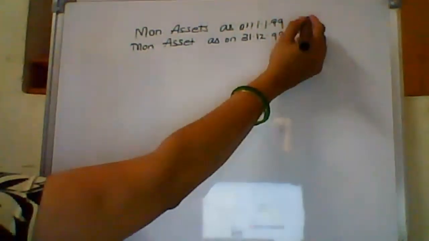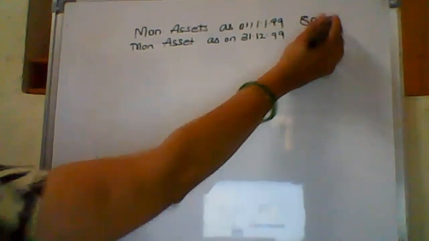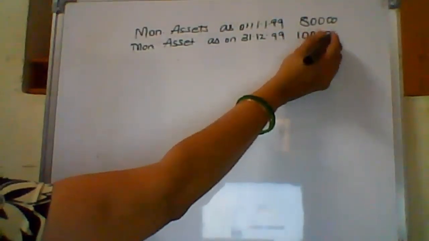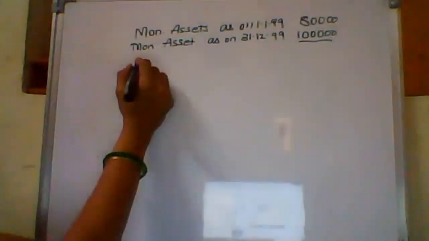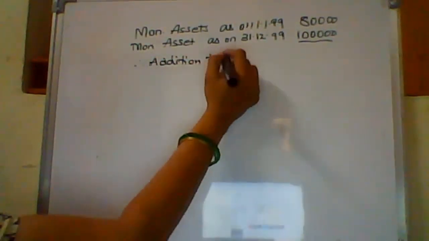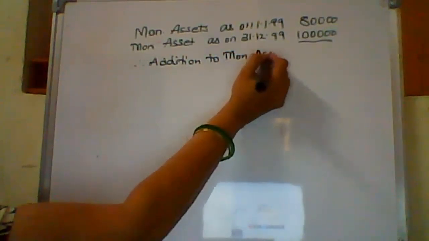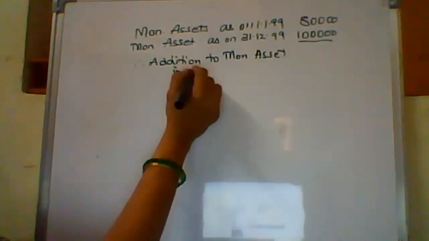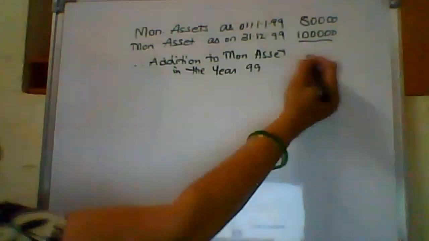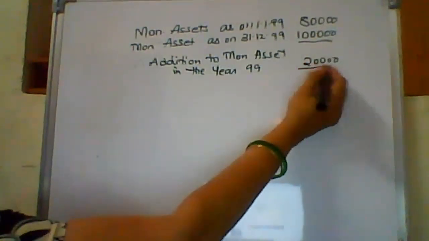31st December 1999. So what am I trying to do here? I have opening monetary assets 80,000, closing monetary assets 1 lakh. So now the additions which I am making, additions to monetary assets in the year 1999 is 20,000.